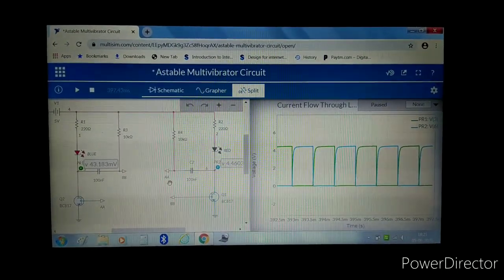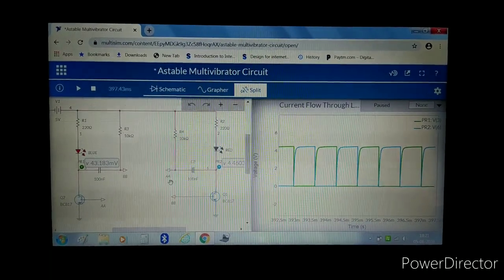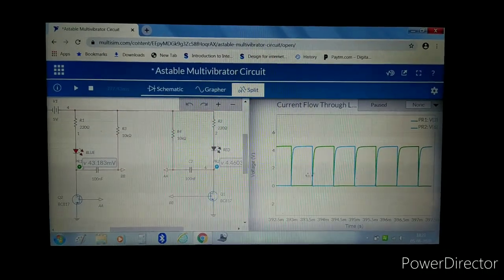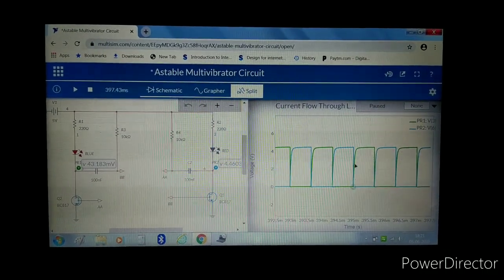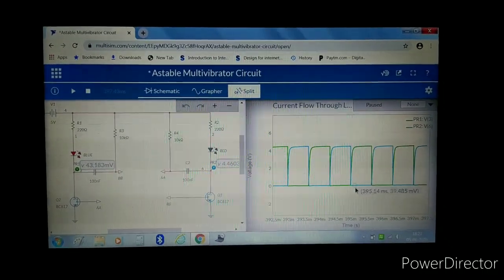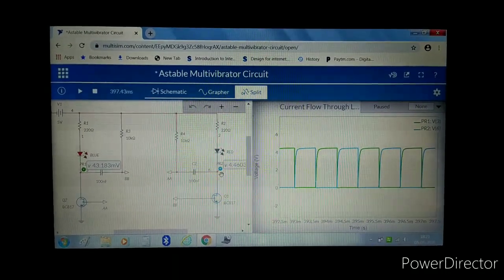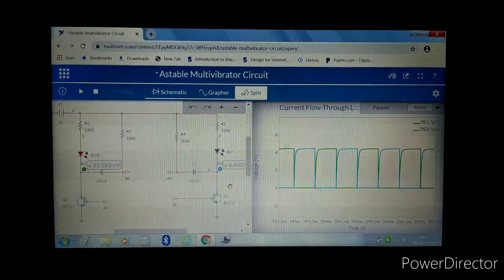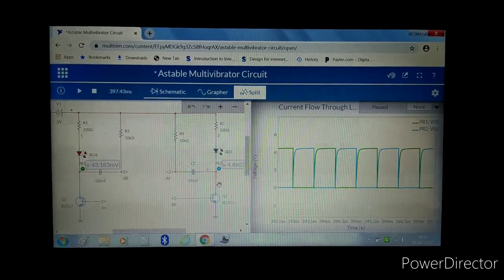So I think you get a better explanation of this circuit. Now we will move on to the hardware view of this circuit to see that this happens practically. I think this is the most suitable thing to understand that circuit.